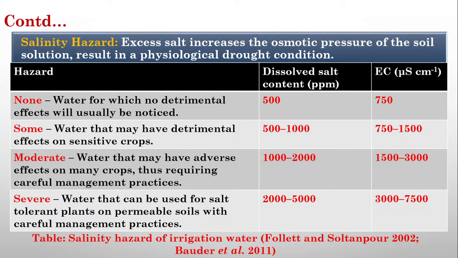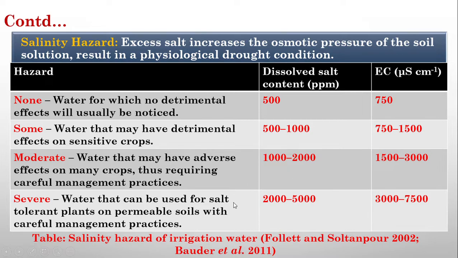When the dissolved salt content is below 500 ppm and the EC is less than 750 microsiemens per centimeter, we can say that there are no hazards for plants or soil due to that water. That water is good for irrigation. When it is between 500 and 1000 ppm, and the EC is between 750 and 1500 microsiemens per centimeter, we can say that there are some hazards.